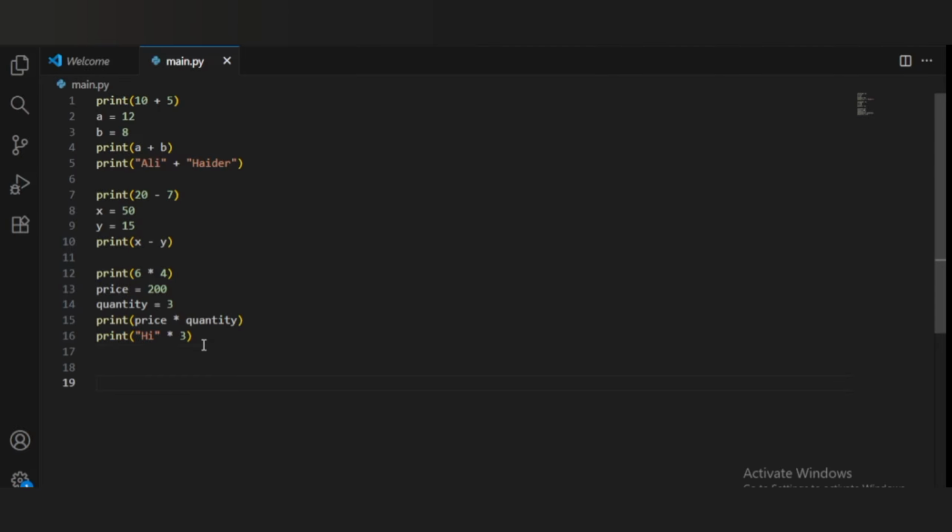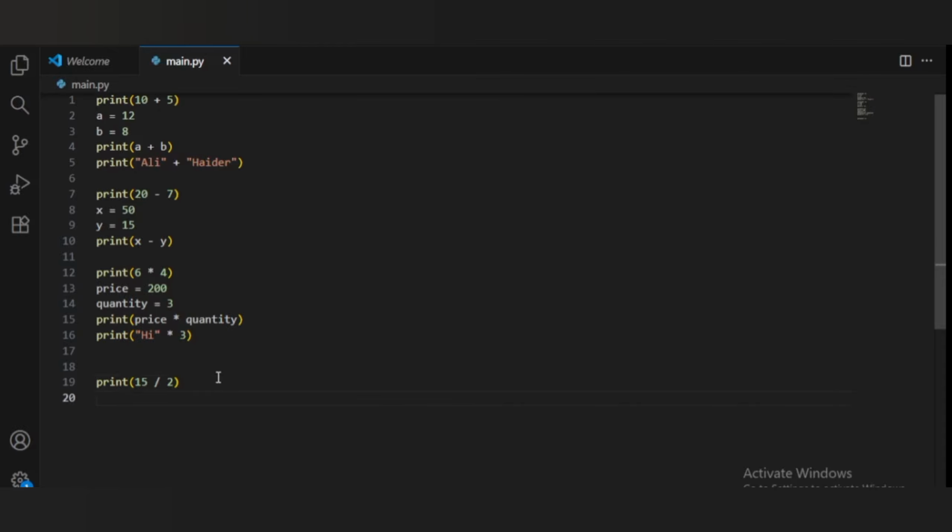Now I move on to the division operator in Python. It divides numbers and gives a decimal result, a float. For example, print 15 divided by 2. This is the first example.